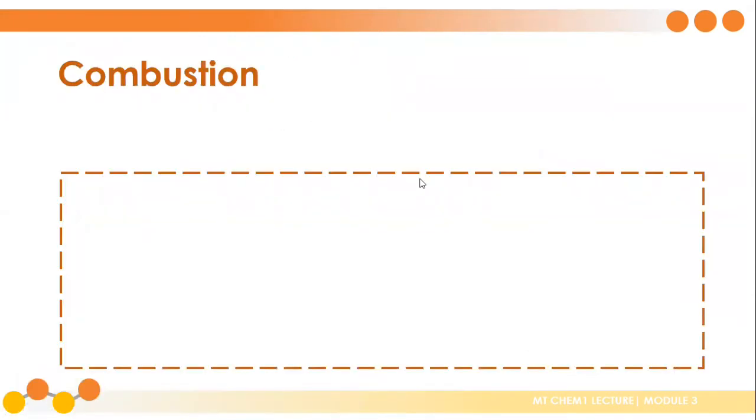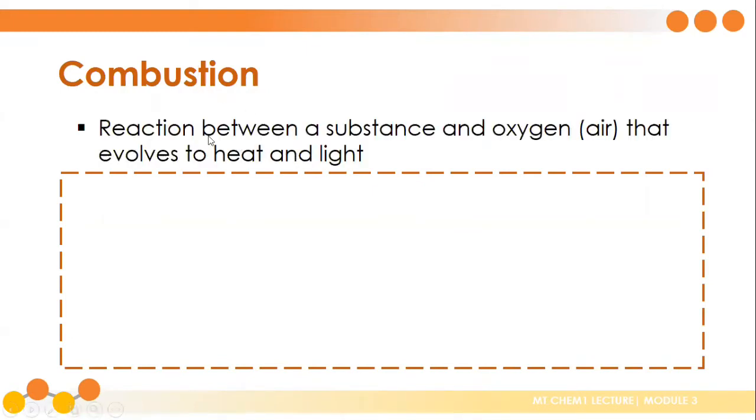Okay, let's proceed with the last type of chemical reaction, and this is the most common chemical reaction that we can observe. We have the combustion reaction. In this reaction, there is a reaction between a substance and oxygen that evolves to heat and light. Involved in this one usually are also hydrocarbons. So what is the formula for combustion?